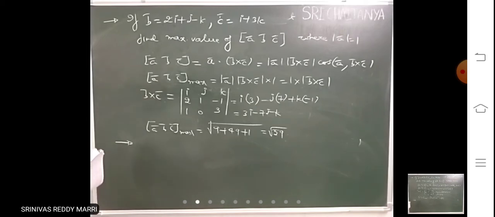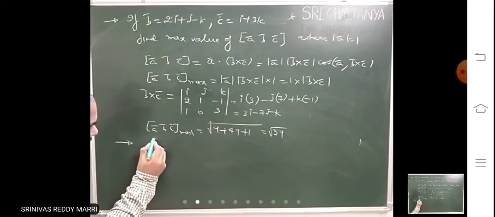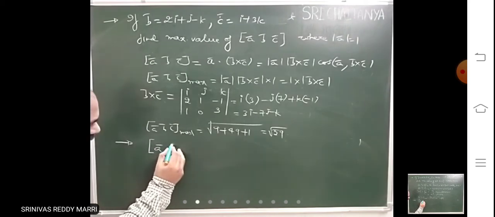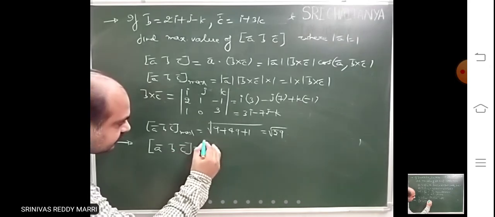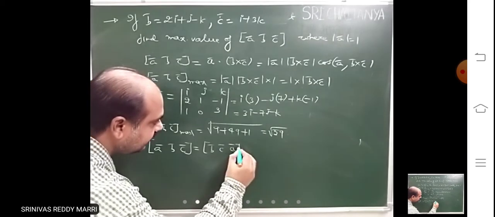Next, look at this. Box of A bar, B bar, C bar is nothing but box of B bar, C bar, A bar.